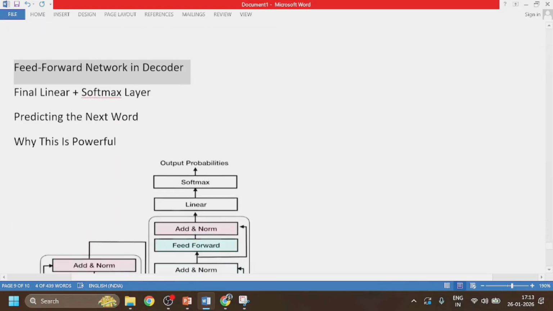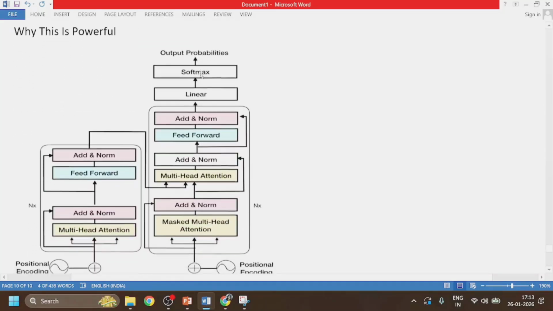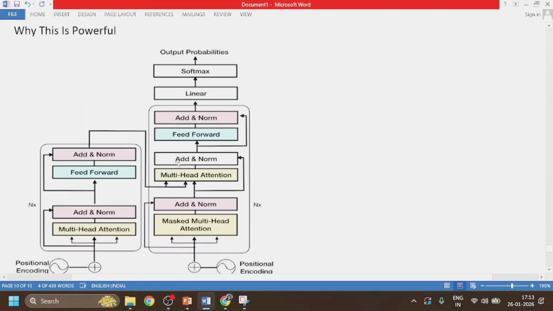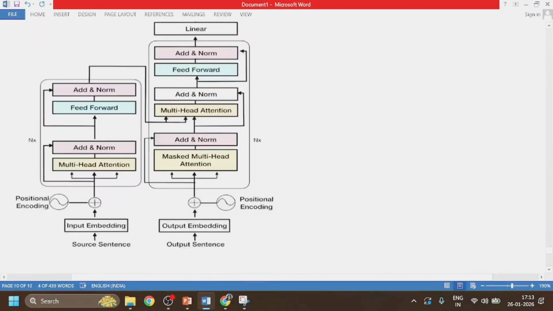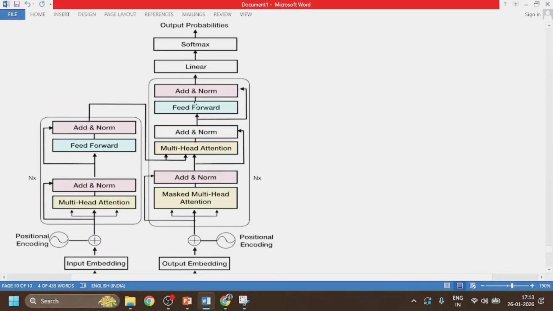We are going to talk about this feed forward network in the decoder, which I'm going to explain.